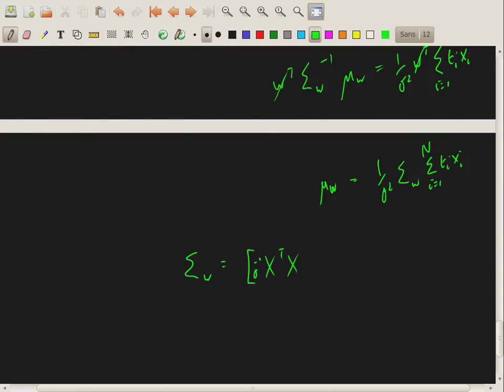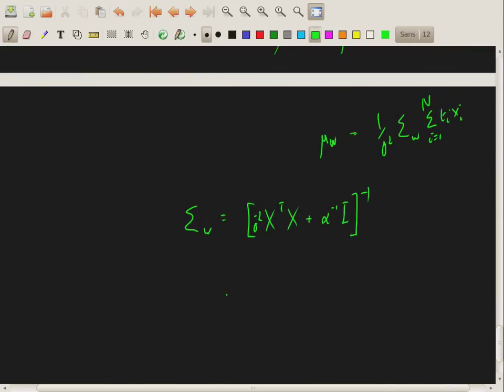Sigma minus 2, x transpose x, plus alpha minus 1 I, minus 1. And if we substitute that in for mu W, we get 1 over sigma squared, x transpose x, times sigma to the minus 2, plus alpha minus 1 I, minus 1.